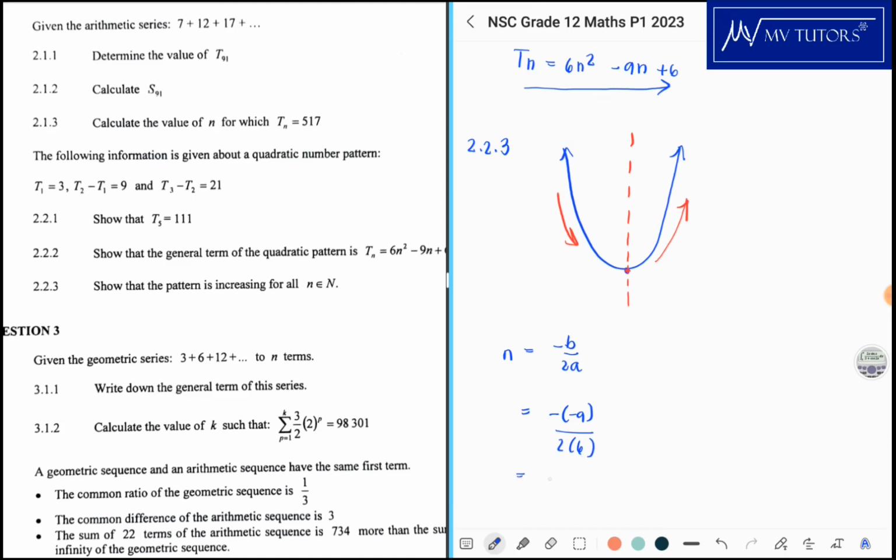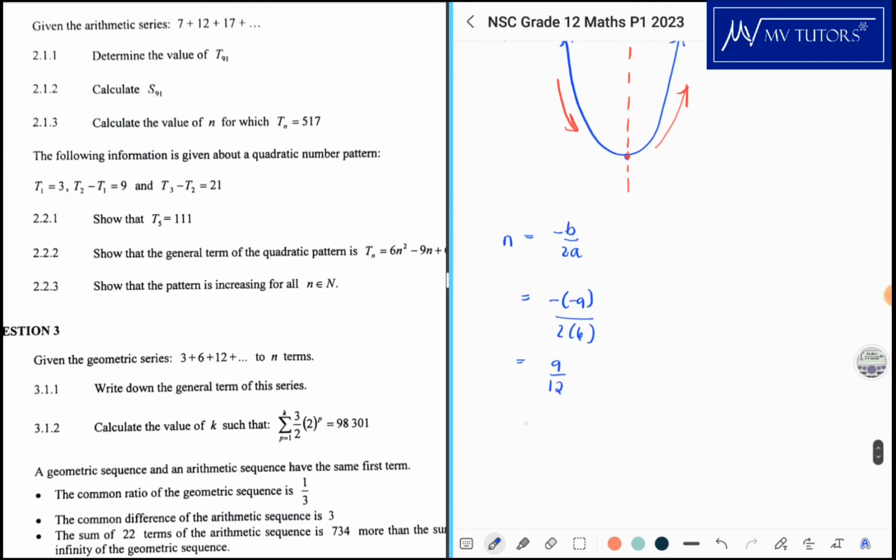So then we have positive 9 over 12, and if we simplify that, we divide by 3 at the top and 3 at the bottom, we're left with 3 over 4. So I know the n value is 3 over 4.